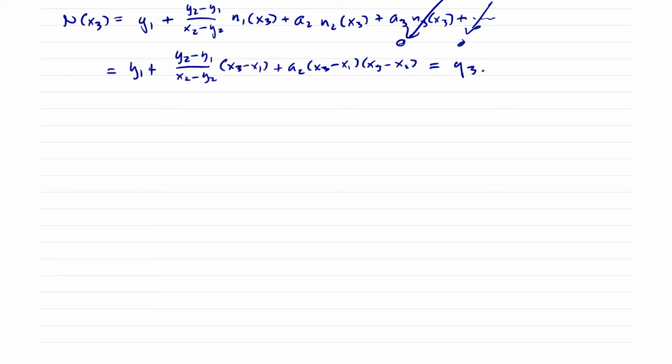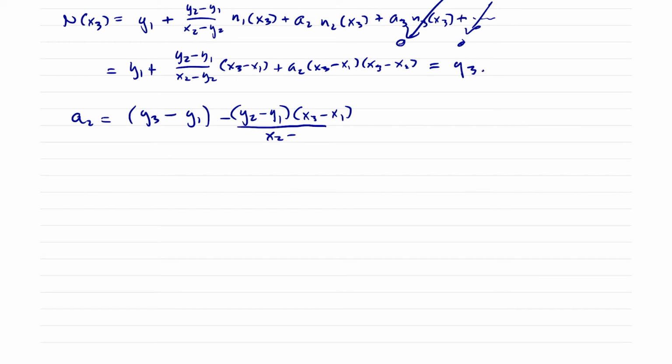So now we can figure out what a2 is. Basically, a2 is going to be y3 minus y1, and then minus y2 minus y1 times x3 minus x1 divided by x2 minus x1.